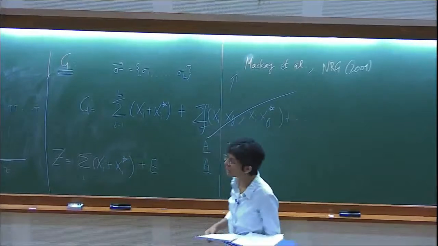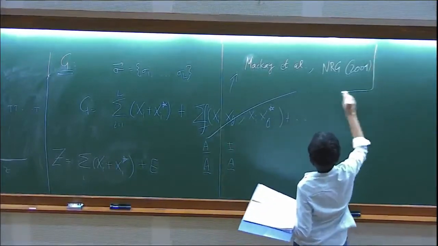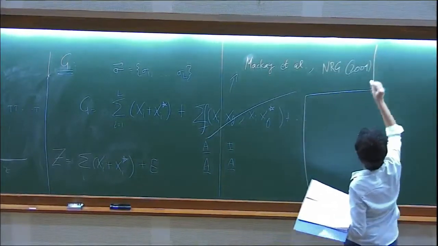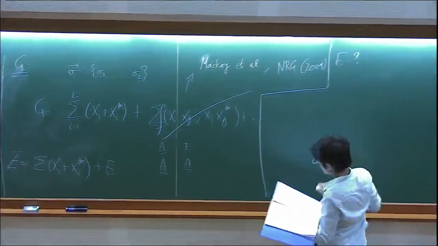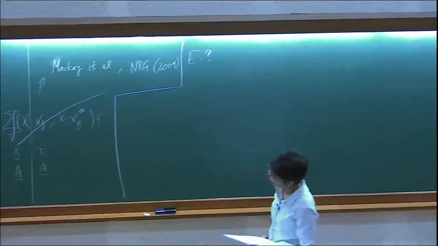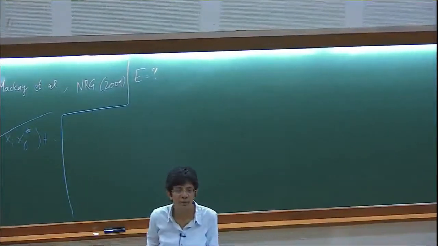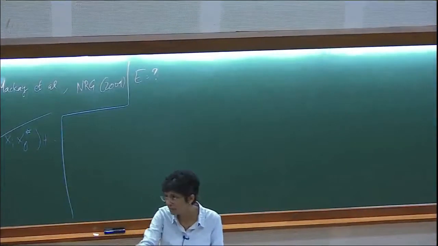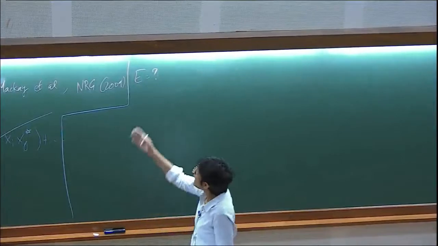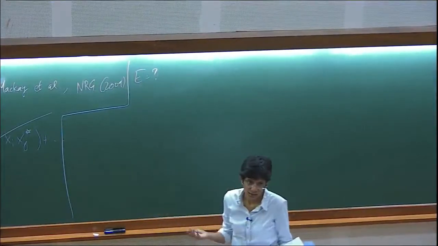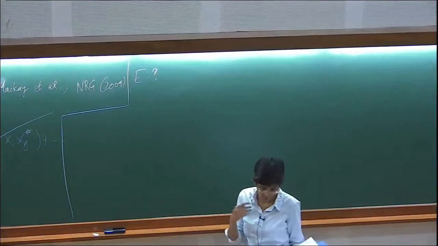Let me now say something about E. E is a random variable. As I said, eat less food or more food, etc. These are these environments, and the random variable E is typically assumed to be normally distributed.